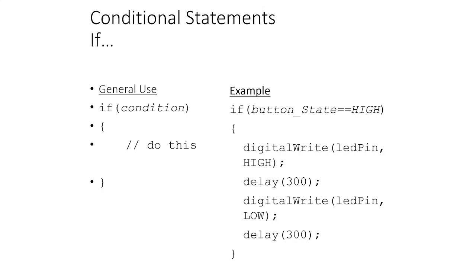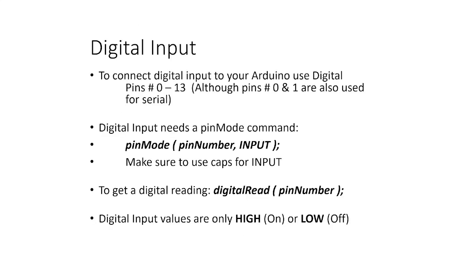Then it will write LOW to that pin, turn off the LED, and wait for 300 milliseconds. So as long as you have pressed that button, these conditions should run, else maybe the LED should be off. Okay, any question up to that point?